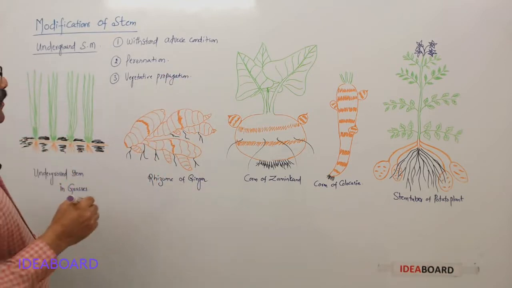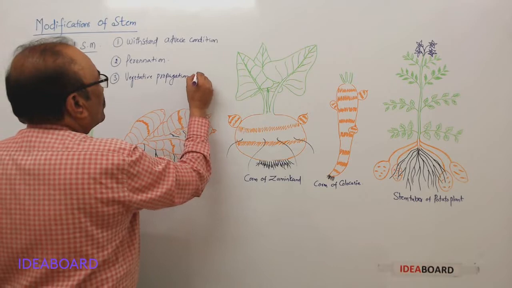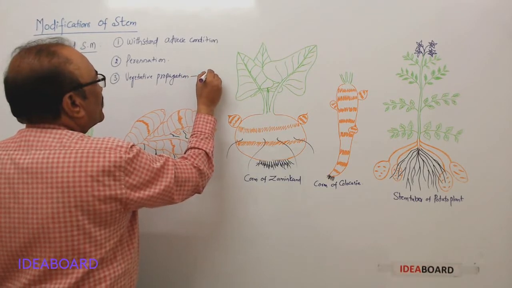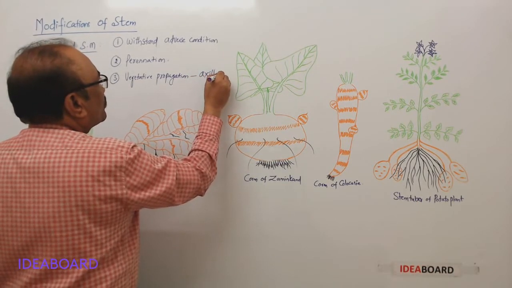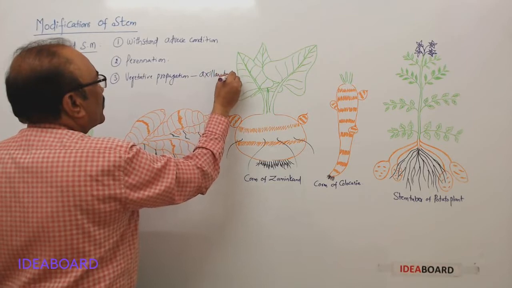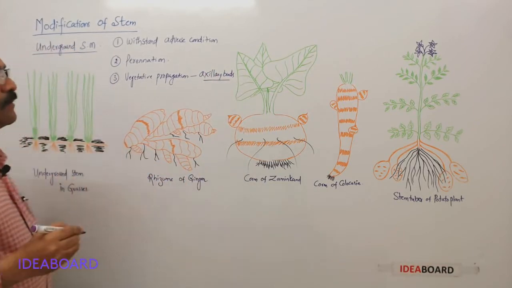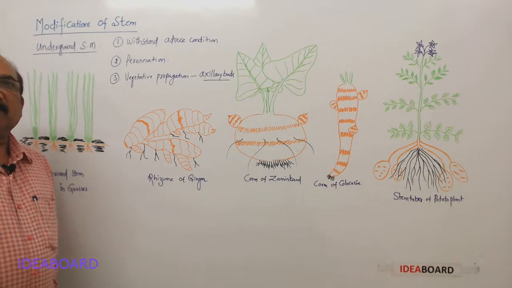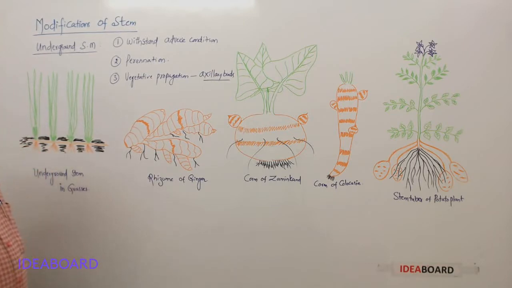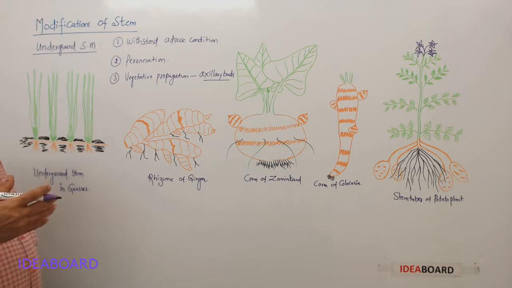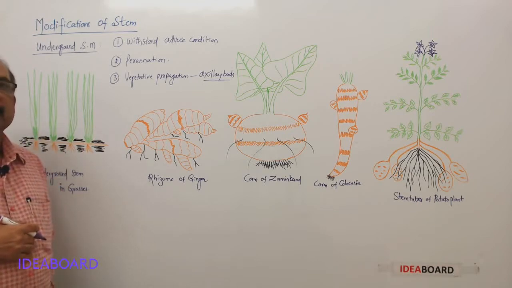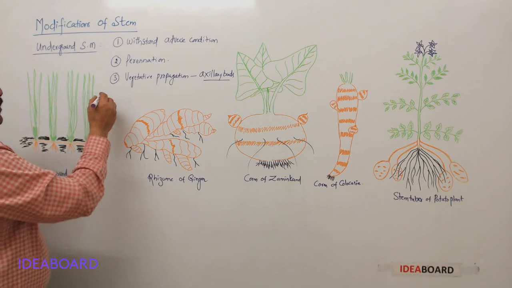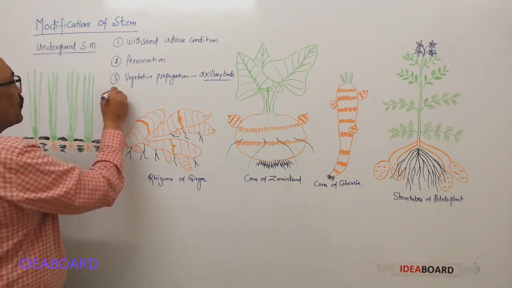The vegetative propagating structures in all these underground stem modifications are nothing but axillary buds. The axillary buds help in the formation of daughter structures, which we can call propagules. And one more thing, they are able to store food material.